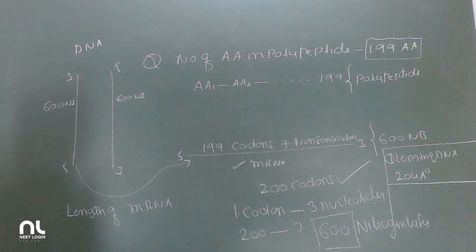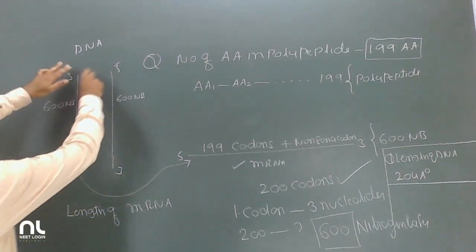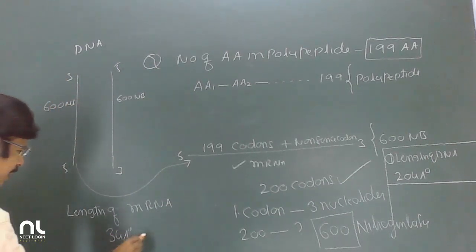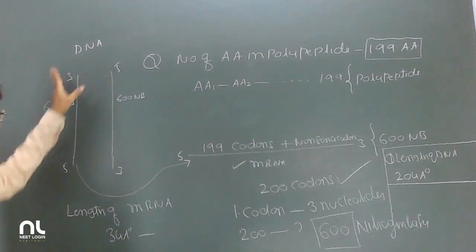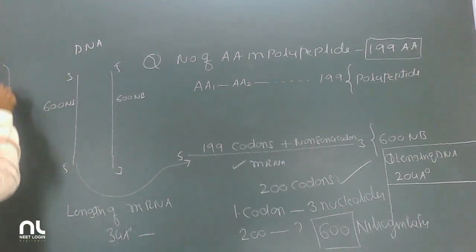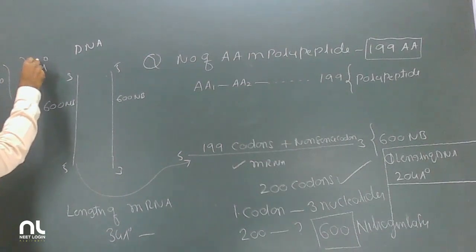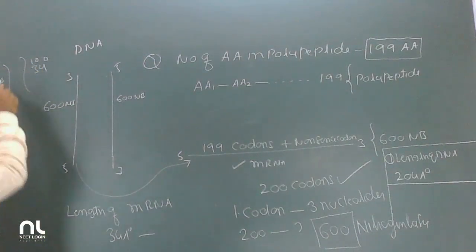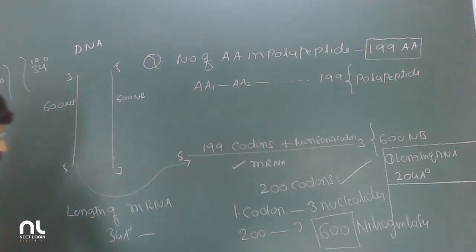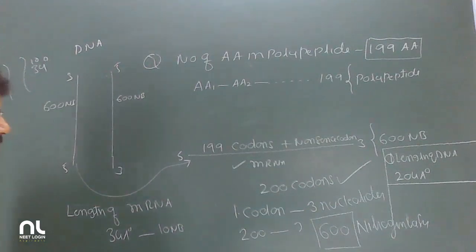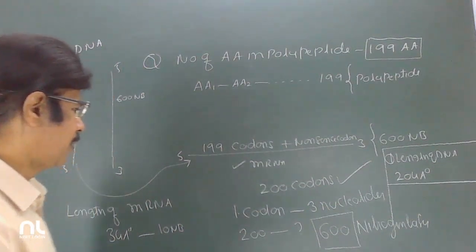Suppose one spiral is 34 angstroms, 10 nitrogen bases, 10 nitrogen bases. How many are transferred from the DNA? 10. For 34 angstroms, 10 nitrogen bases.